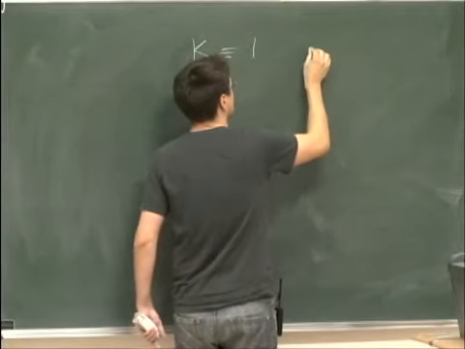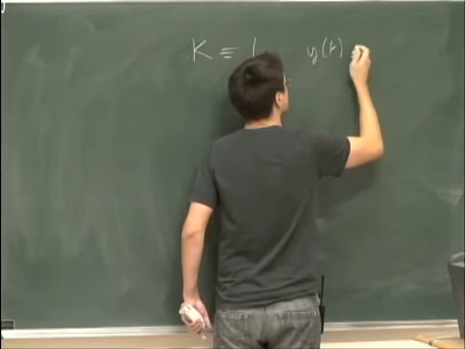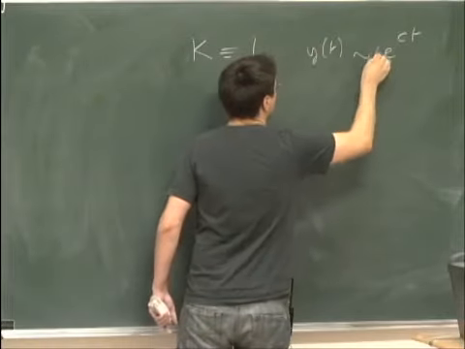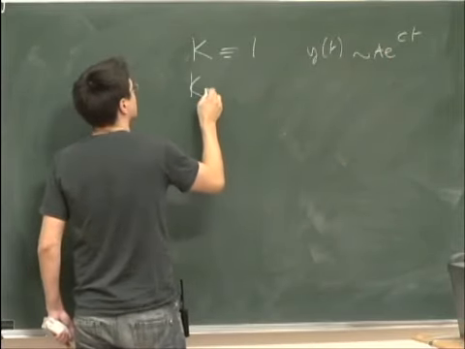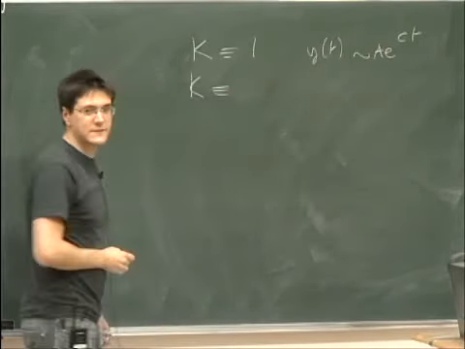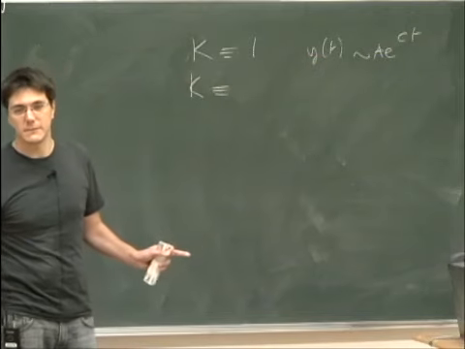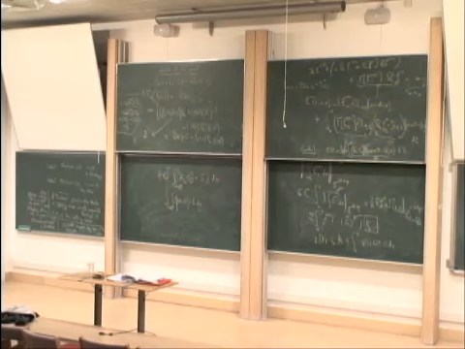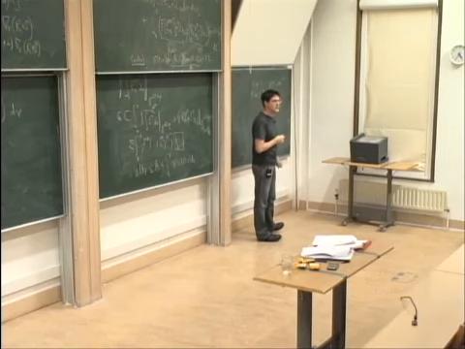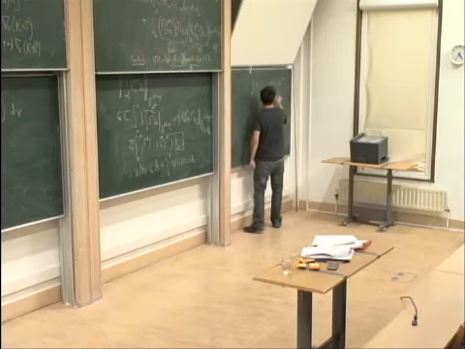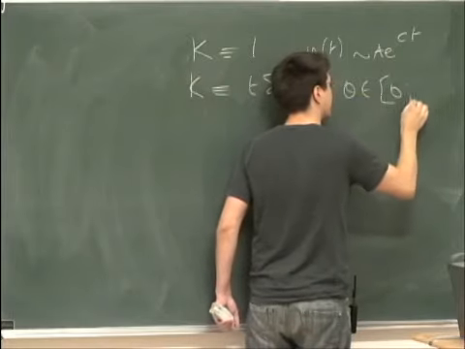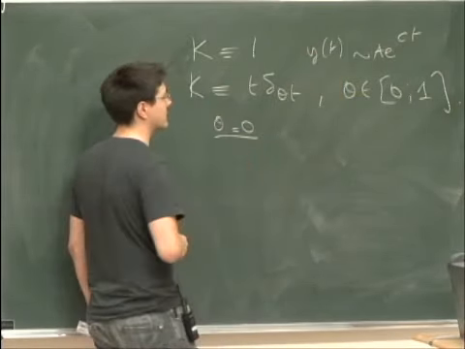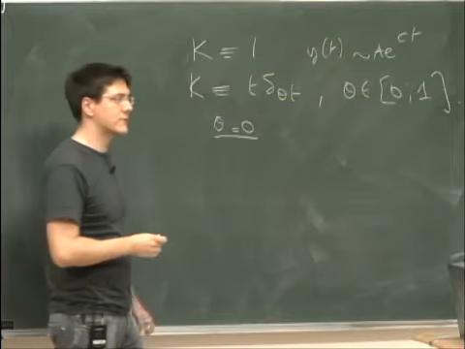then the growth is exponential. If the kernel has still global mass T, but concentrated at some given point in the interval, theta between 0 and 1: if theta equals 0, that's wonderful, you have a linear growth.